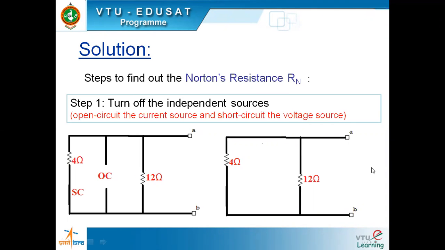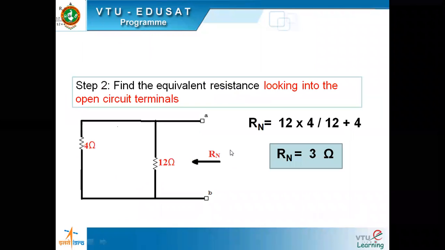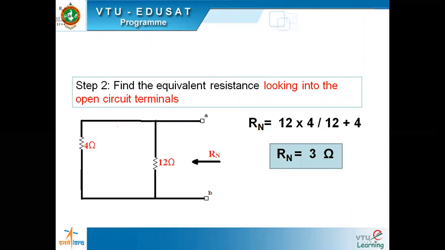Rn is the equivalent resistance across the terminals AB. How are these 12 ohms and 4 ohms connected? The 12 ohms and 4 ohms are connected in parallel. That parallel combination is 12 into 4 divided by 12 plus 4, and that is 3 ohms.